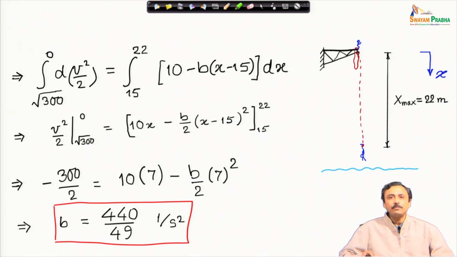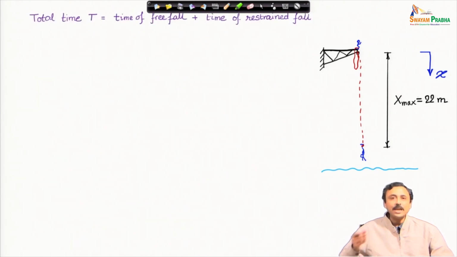The next part of the problem is to determine the total time it takes for the jumper to start from the top and reach the x max, which is the maximum jump depth. Now, the total time is equal to the time of free fall plus the time of the restrained fall.